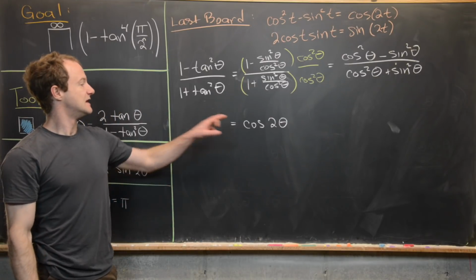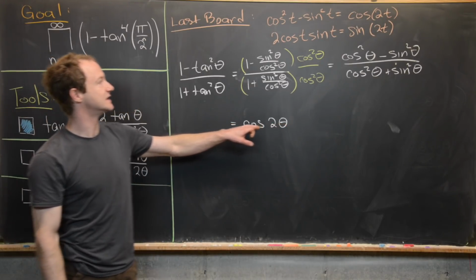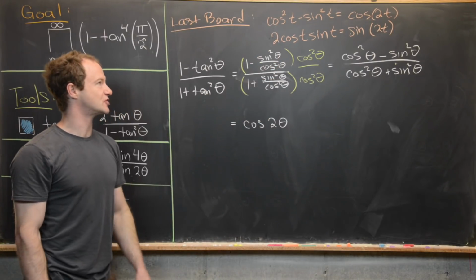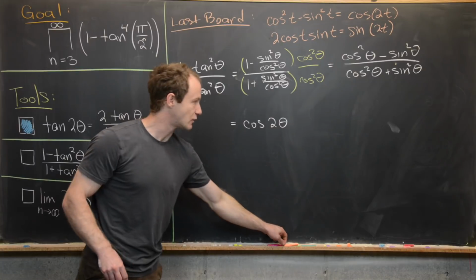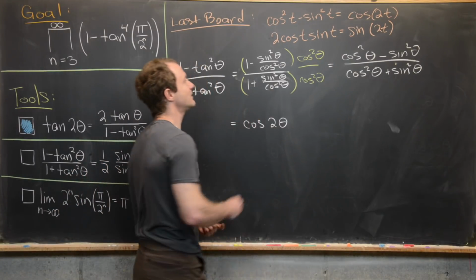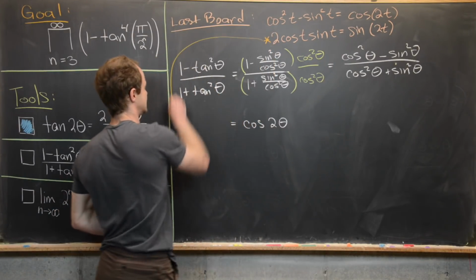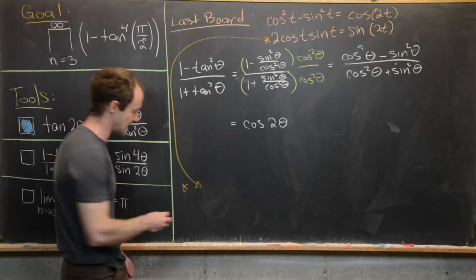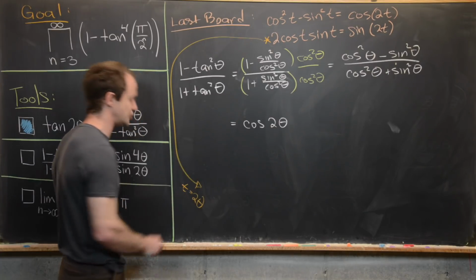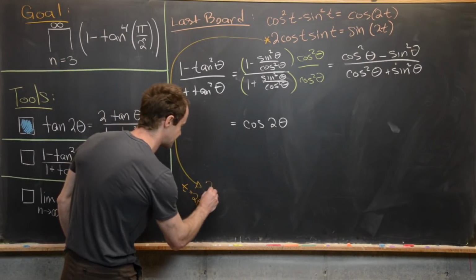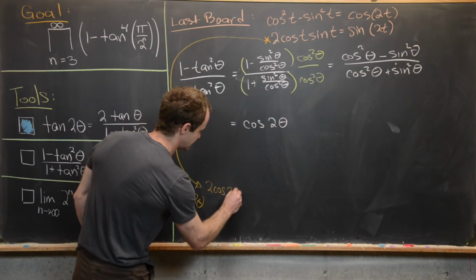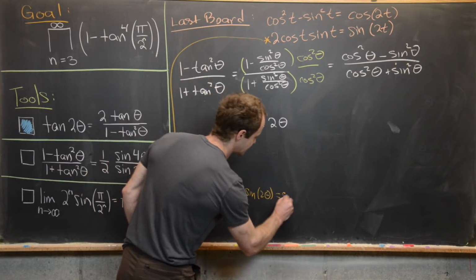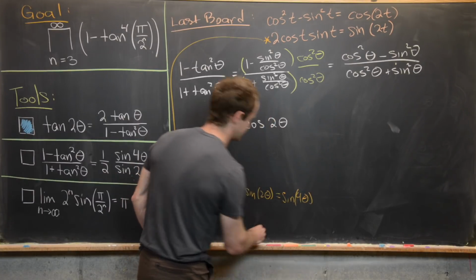Good. Now we want to look at this cosine 2 theta and maybe put it inside of this equation right here where t is equal to 2 theta. So maybe let's just go ahead and bring this thing down here and look at what this double angle formula for sine looks like if we set t equal to 2 theta. So that's going to give us 2 cosine of 2 theta times sine of 2 theta equals sine of 4 theta.